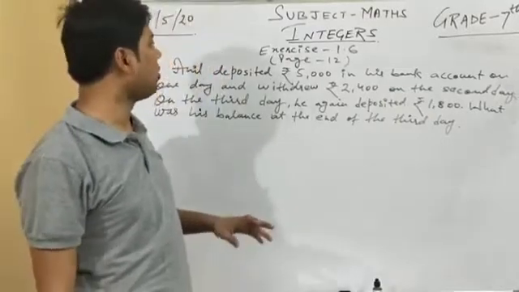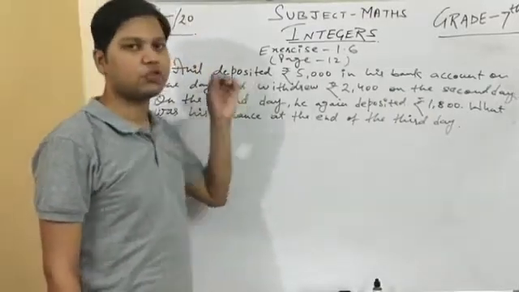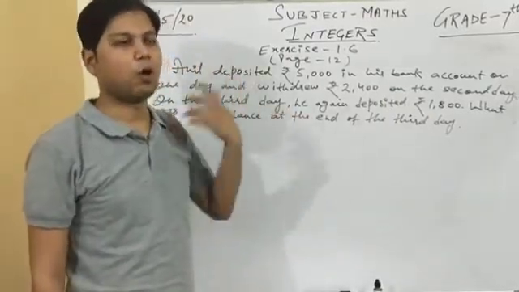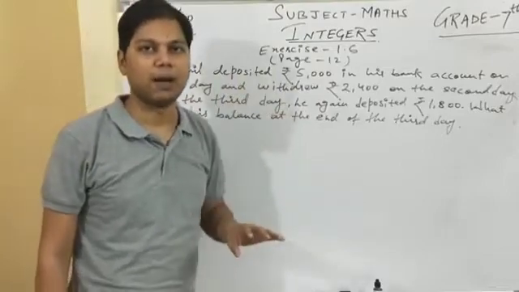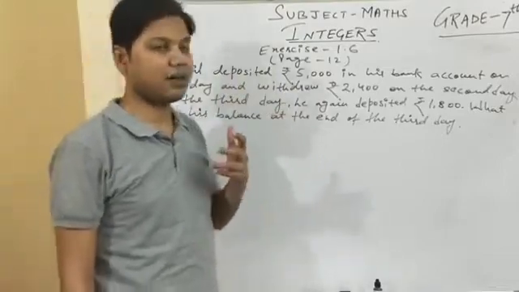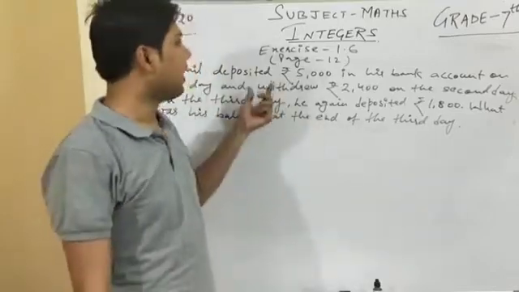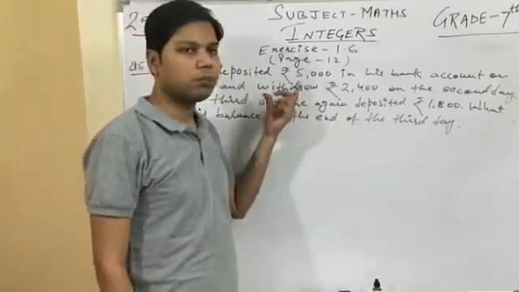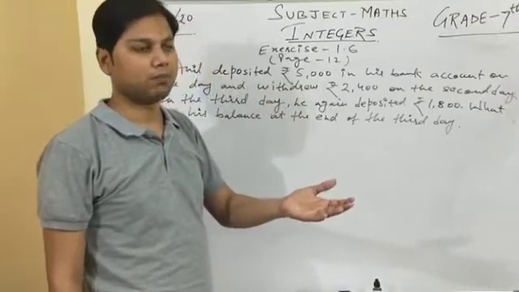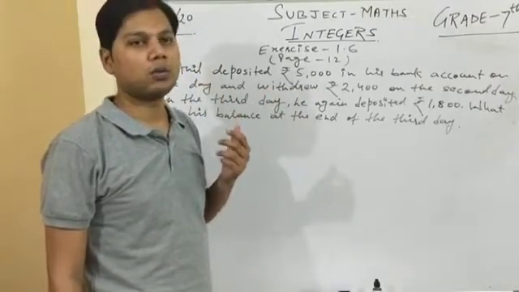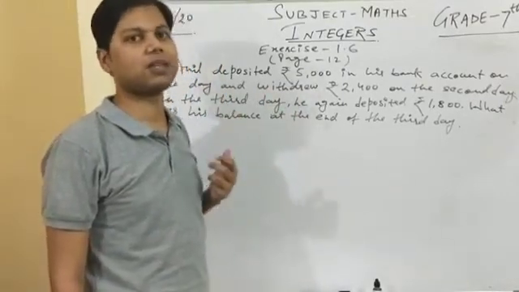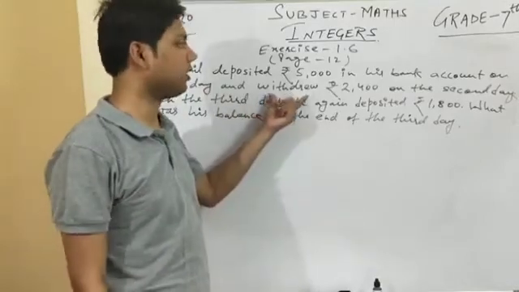So as you all know, deposited means plus. When we deposit amount into the bank account, our account will be added, our money will be added. And withdrew means we take back the amount from the bank. हमने बैंक से पैसे निकाल लिए, that means withdrew.